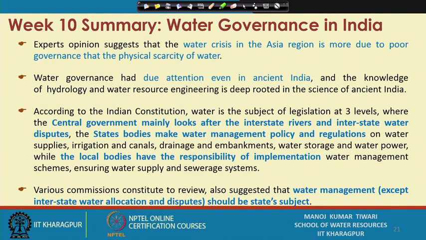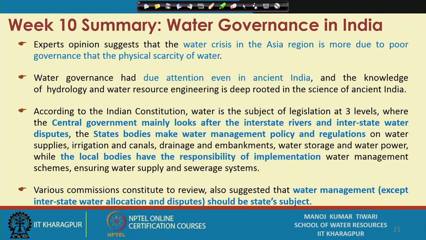Many experts opine that the water crisis in the Asian countries is more due to poor governance than the physical scarcity of water, and this highlights the role of governance in the water sector.